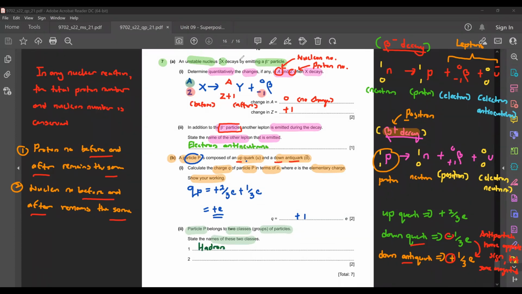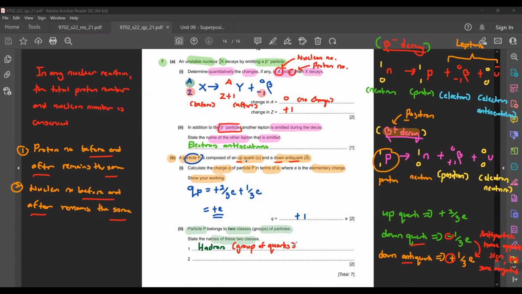Hadron is actually a group of quarks. It can be of any combination. As long as it's a group of quarks, it's called a hadron.